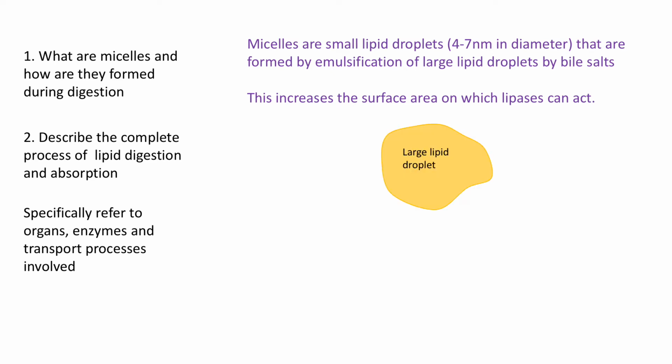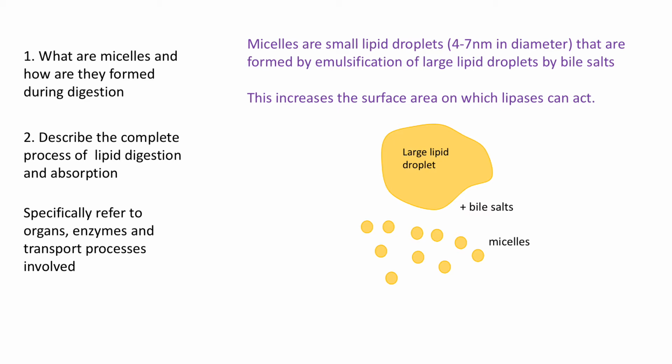So just a diagram. As part of digestion, we'll have a large lipid droplet. Bile salts, which you'll remember are detergents, have a polar and non-polar part to them. That allows them to bind to lipids and form these small micelles. And you should remember the diagram of what a micelle looks like.